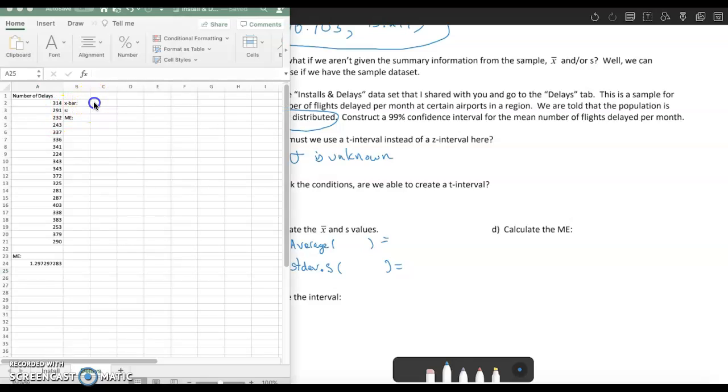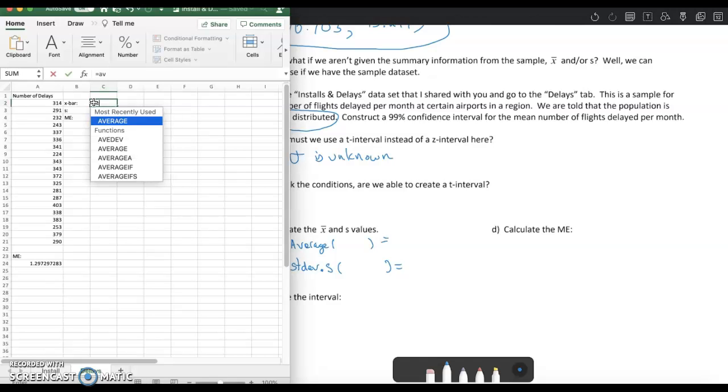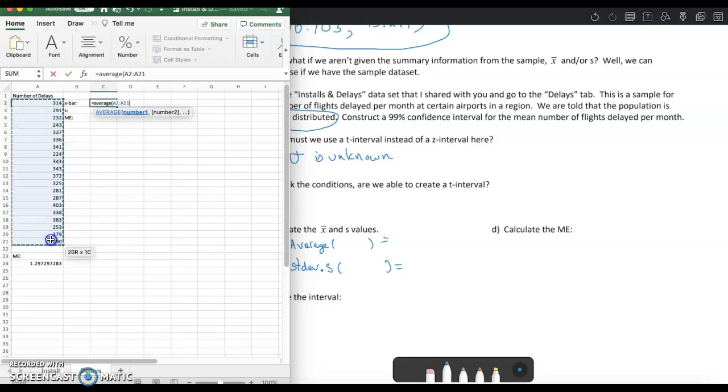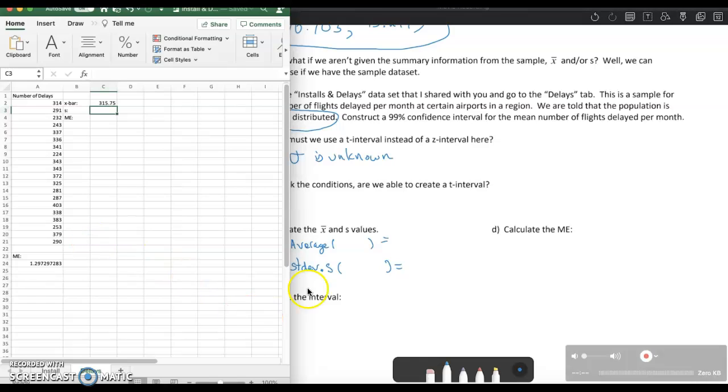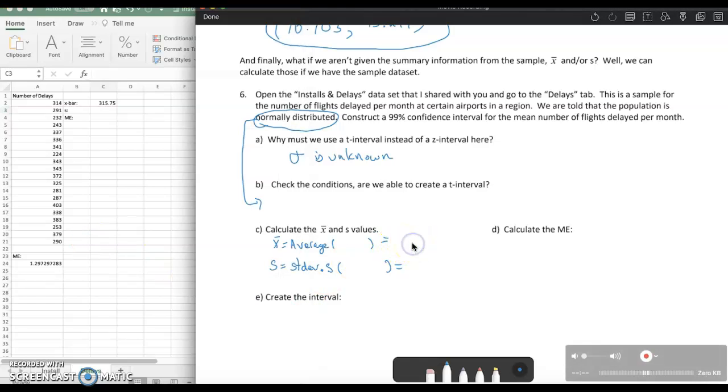So I've already got it set up over here. We want to find X bar equals average. Highlight your data range. Close it up and hit enter. Looks like our average is 315.75. So I record that.